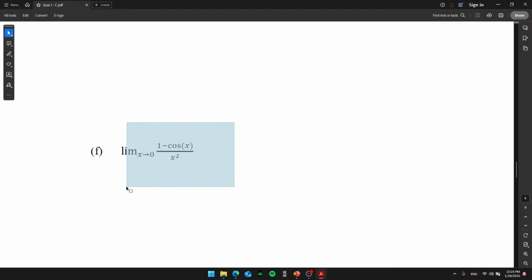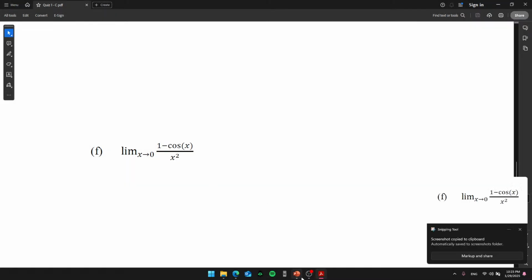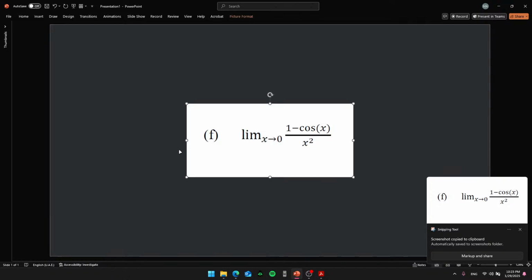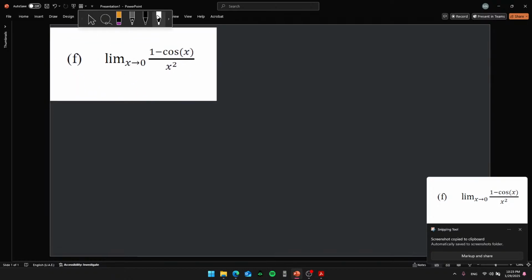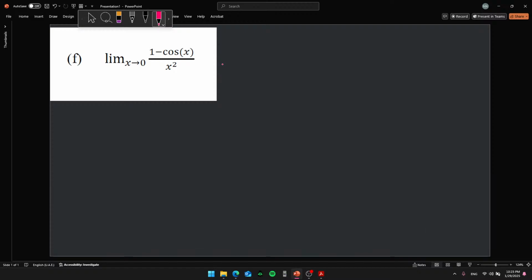This one, multiply by the conjugate. Okay, let's solve this one. I'll solve it without explaining because it's self-explanatory.